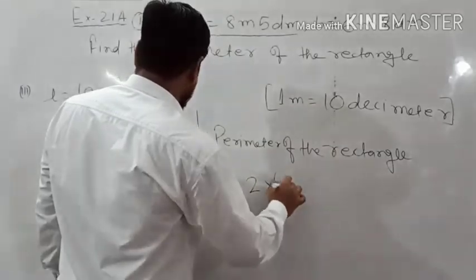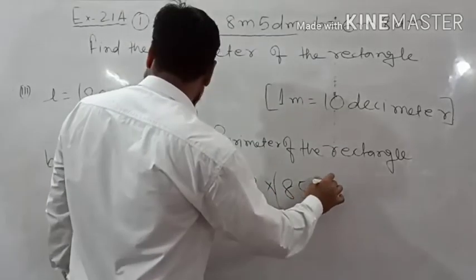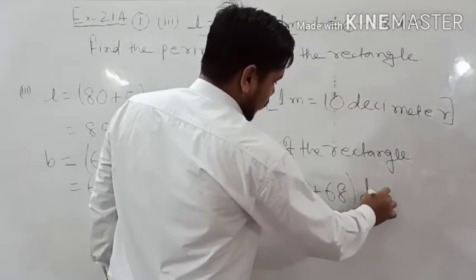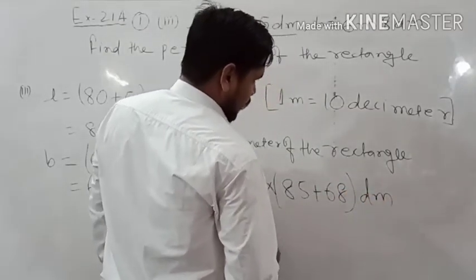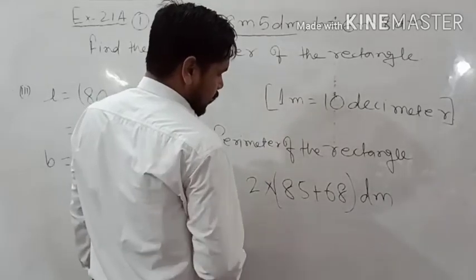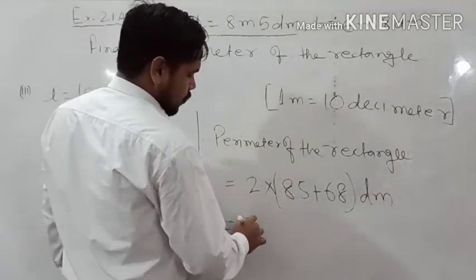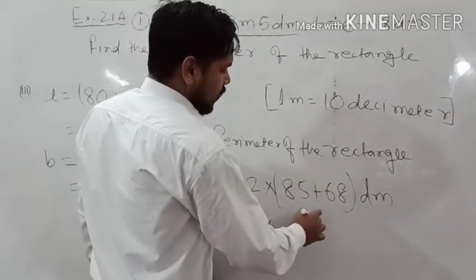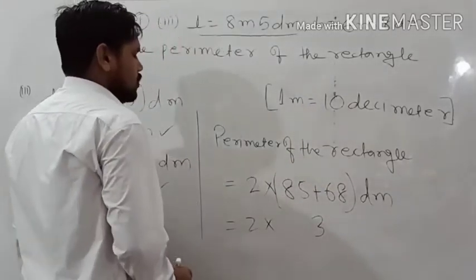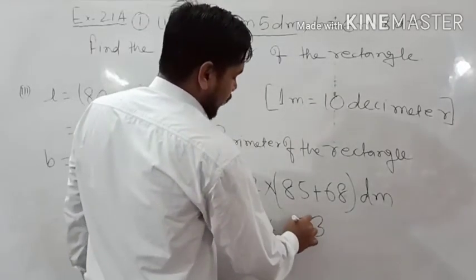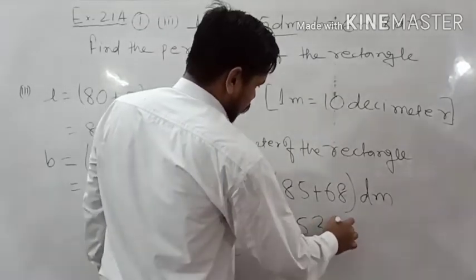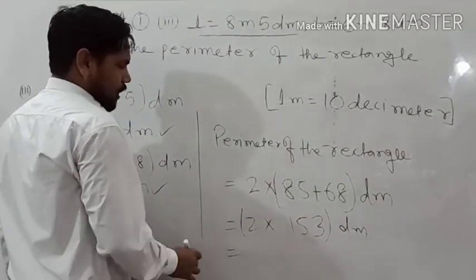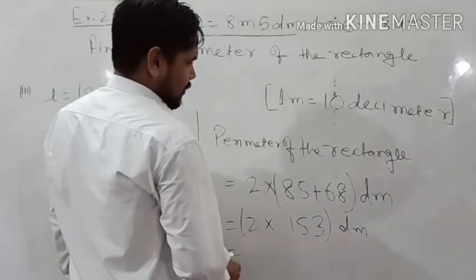So 2 into 85 plus 68 decimeter, dm. So let us add first. 5 plus 8 is 13, 1 carry. So 8 plus 6 is 14, 15. 153 multiplied by 2. So this much dm. So 153 multiplied by 2 means 306.